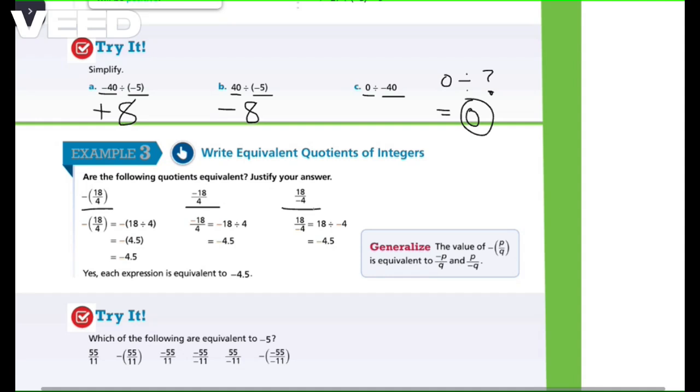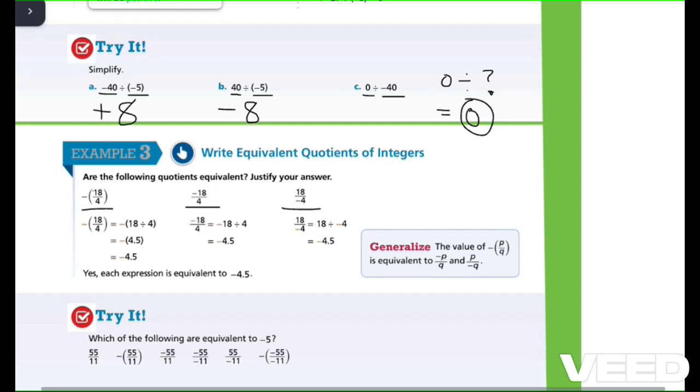For example, if 10 divided by 5 equals 2, then 2 would be the quotient. Now, what's interesting here is they all have 18 in the numerator and 4 in the denominator, which means the absolute values of the quotients will all be the same. It's just a matter of whether they will all be negative or all be positive.